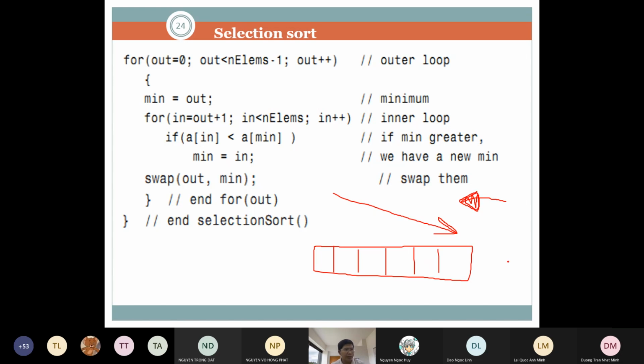Okay. Please re-implement the function. Sort the array from the left to the right in descending order.